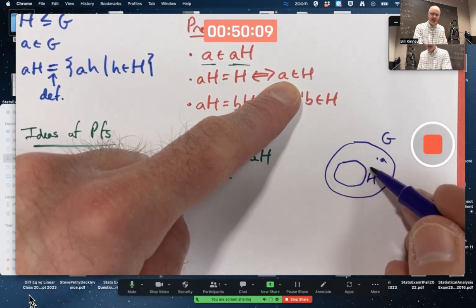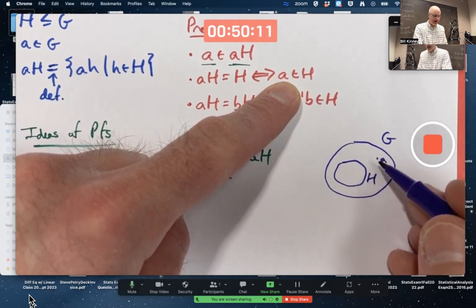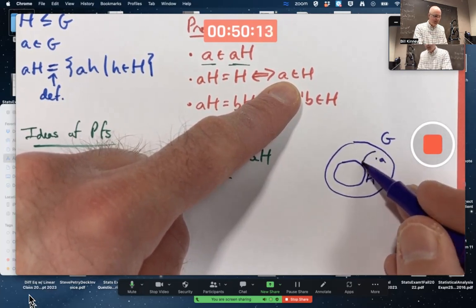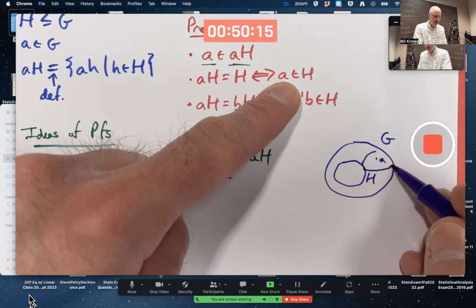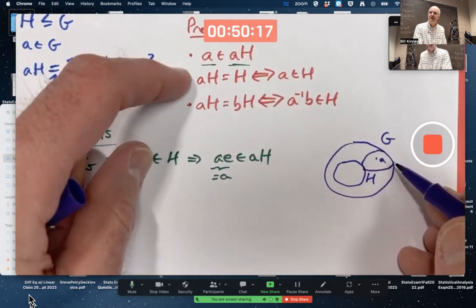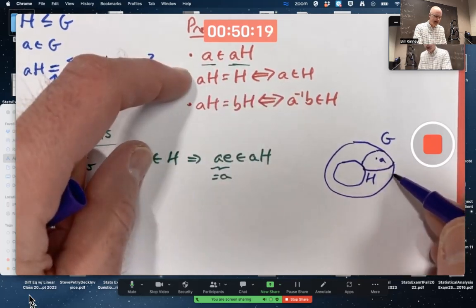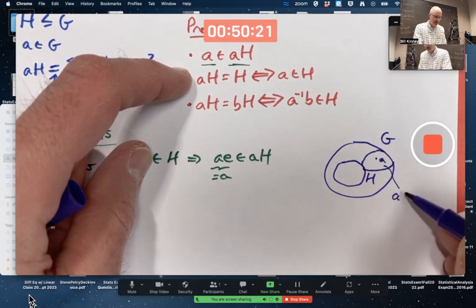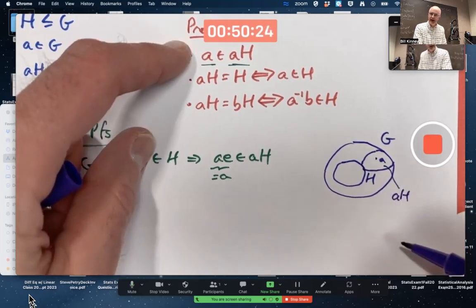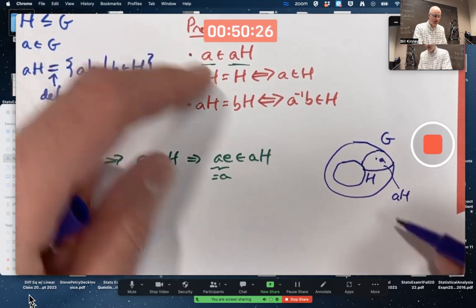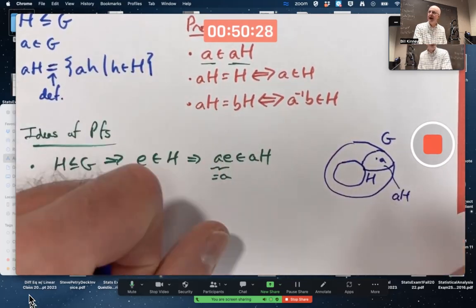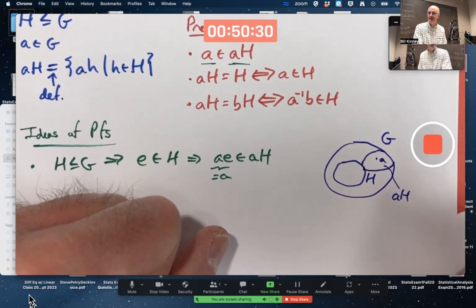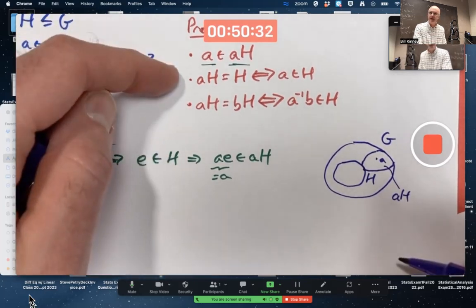The left coset would be something other than H. It actually would end up being something that's completely disjoint from H, though that's not part of the statement. If A is not in H, then AH, which does contain A, turns out to not even have anything in common with H. It's disjoint from it. That's, again, not part of the statement, but it's true. It's another part of the lemma.